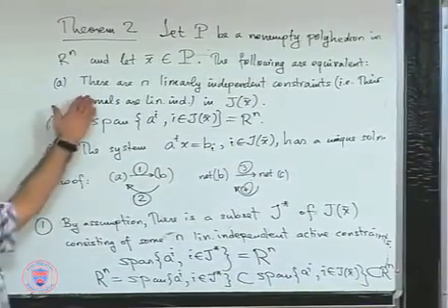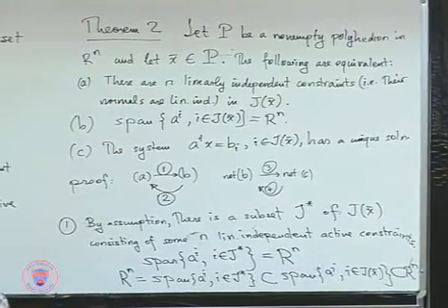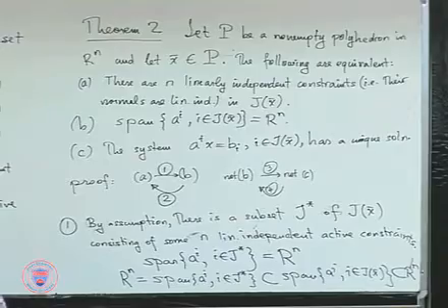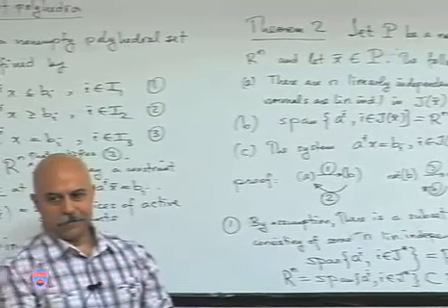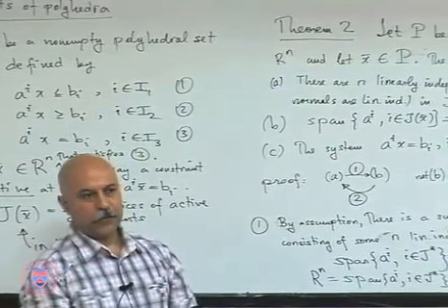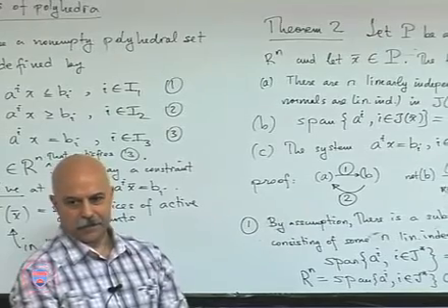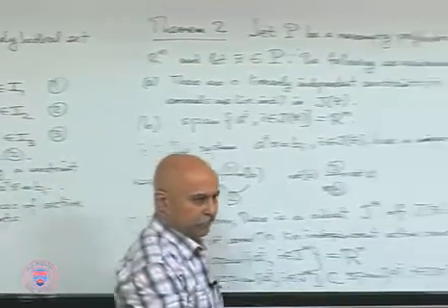And we need to show that there are n linearly independent AI in this set. That's obvious. From where? If you look back to your theorem 1, part A actually says that. Do you remember that?